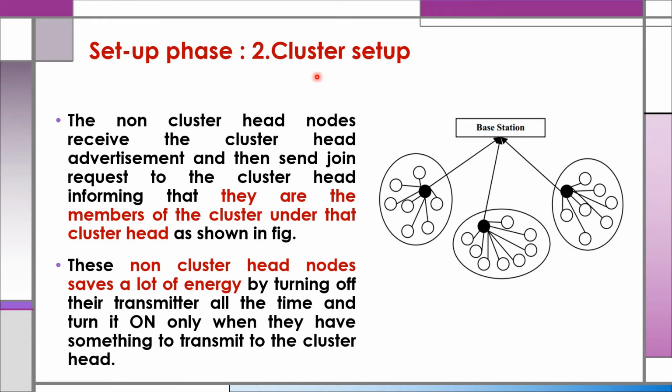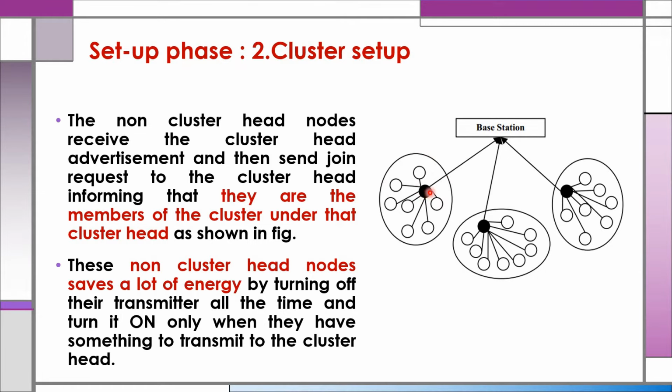The second operation of the setup phase is called cluster setup. In the cluster setup, based on the first operation, we have selected one particular cluster head. Once we have selected that cluster head, the cluster head will send a request message to nearby nodes. That message will be transmitted within the coverage area of that particular cluster head.